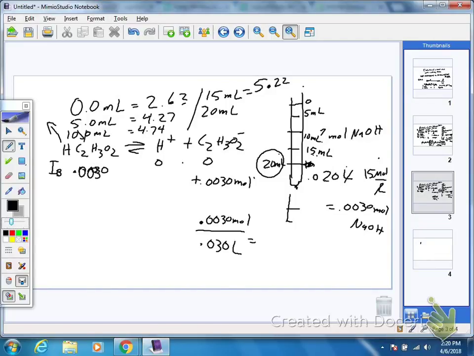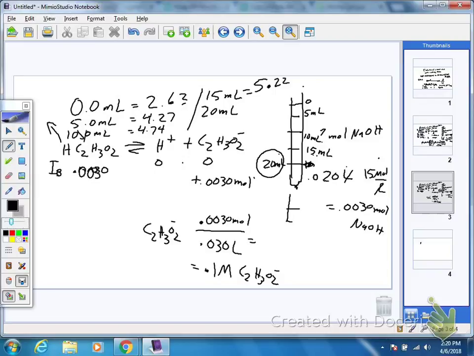And so the acetate ion concentration, we need to have that to do this next part, because no longer can we use the Henderson-Hasselbalch equation because we don't have any acid remaining. So then we find out that concentration, and it's 0.1 molarity of the acetate ions.